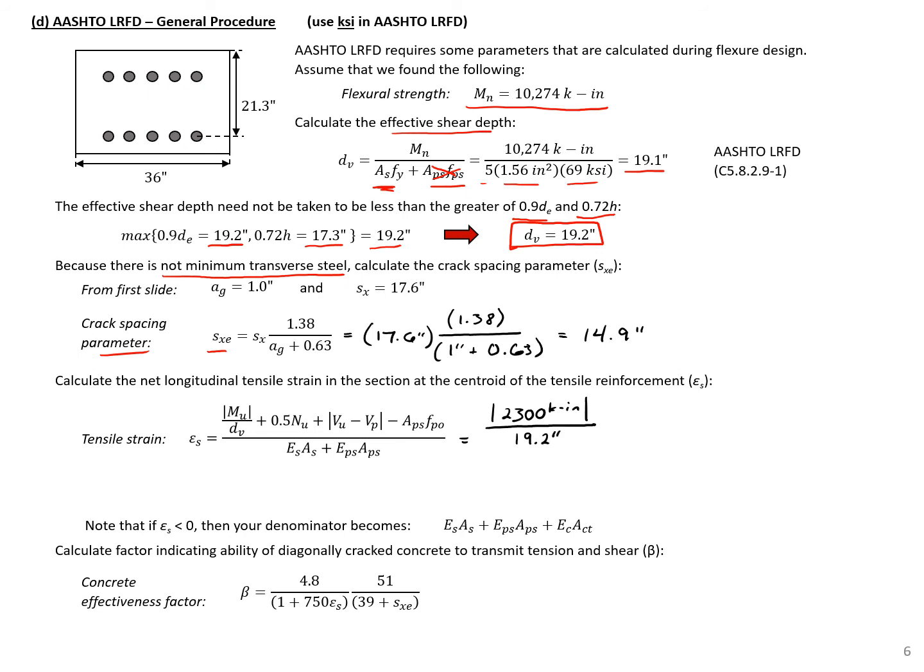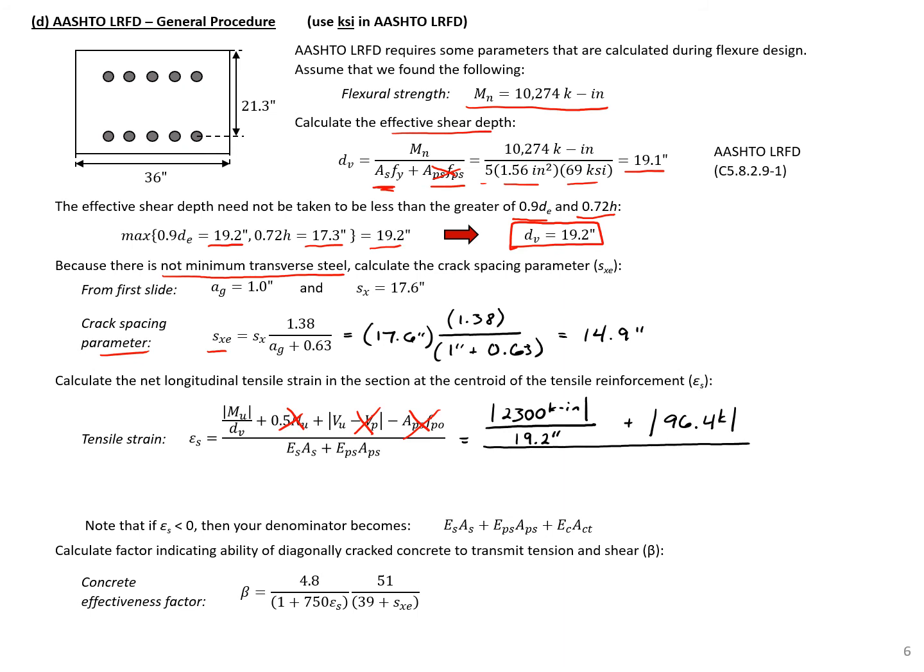We don't have any N sub U component for this problem, we don't have any pre-stress component either, and we also don't have any pre-stressing force. So we just need to add in here the absolute value of 96.4 kips.